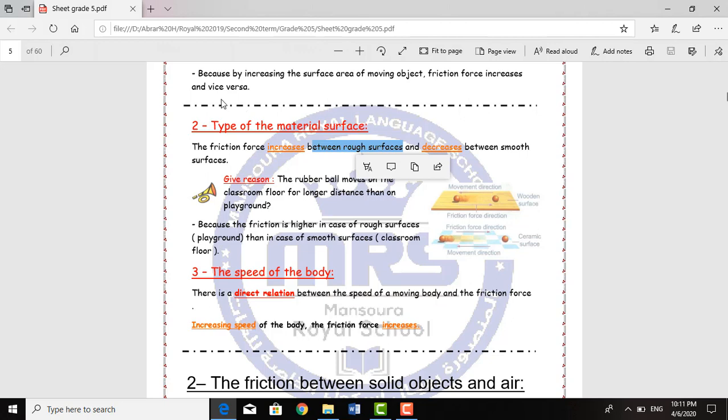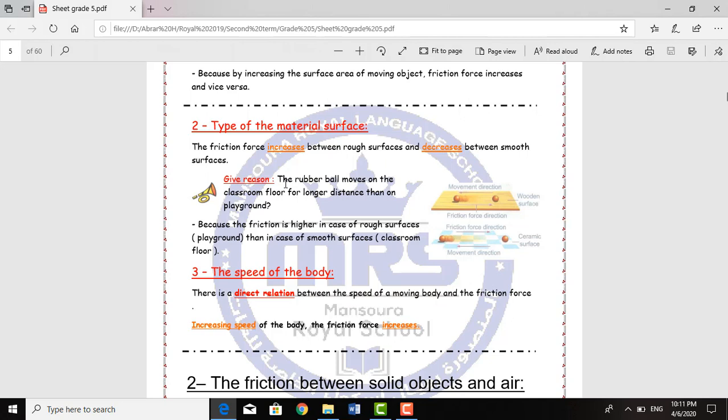That's why the rubber ball moves on the classroom floor for a longer distance than on the playground. Why? Because the friction force increases between rough surfaces and decreases between smooth surfaces. In this case, the classroom floor is smooth, so the friction will decrease.